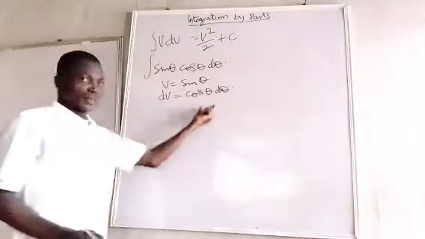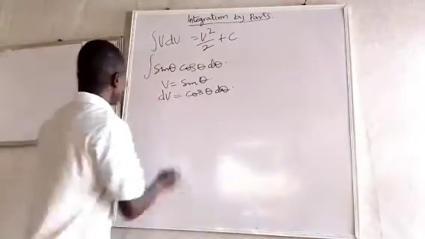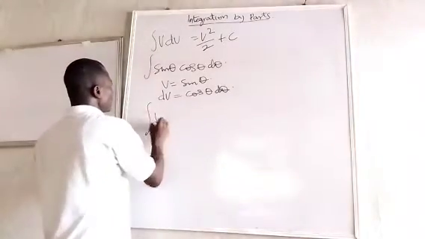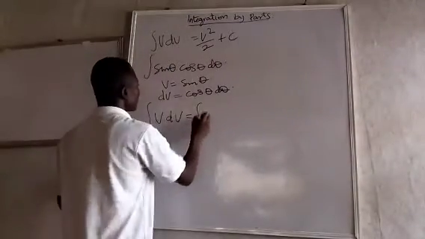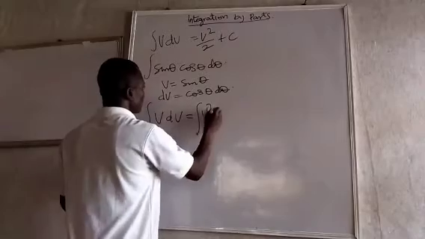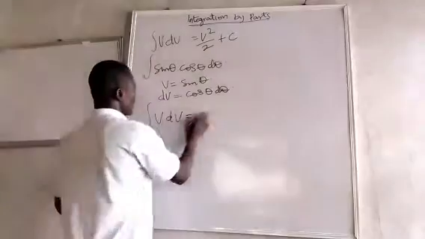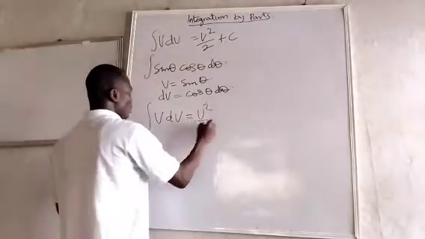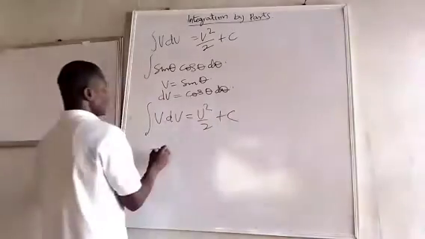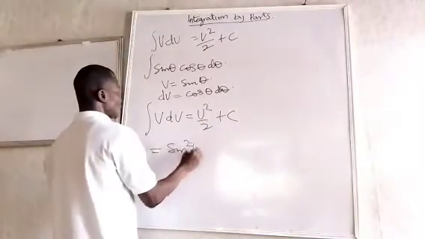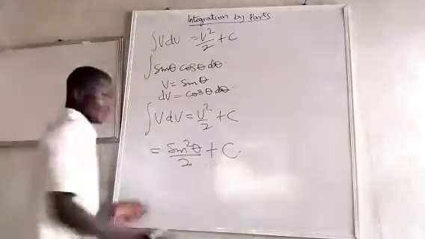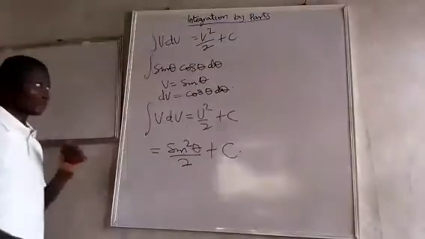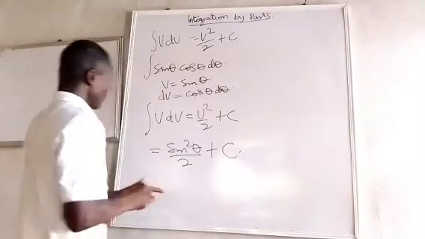So with this, we can easily handle v dv, and that's going to be v squared over 2 plus c. And that will give us sin squared theta over 2 plus c. You can see that's very easy to handle.